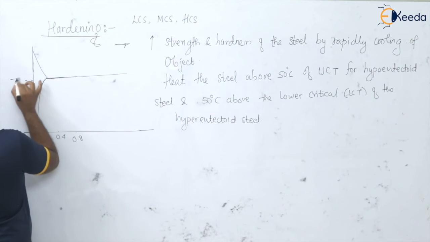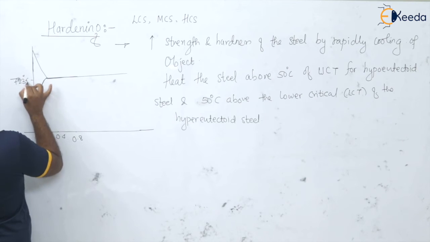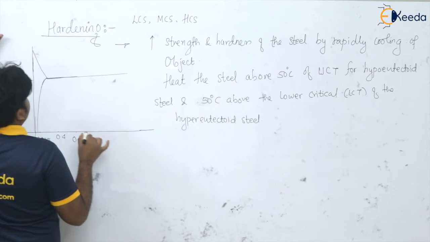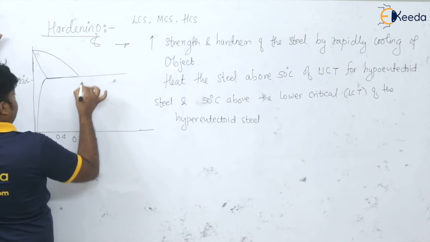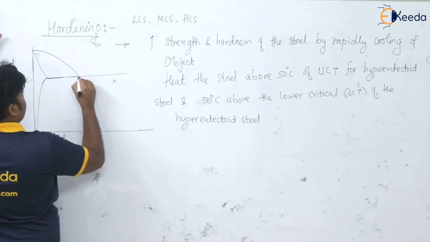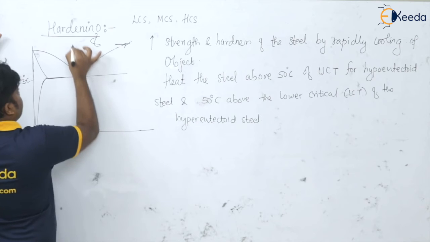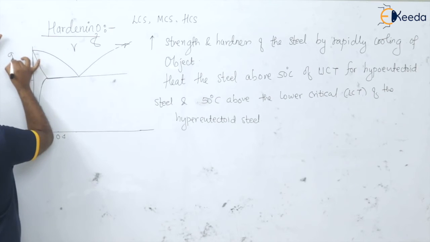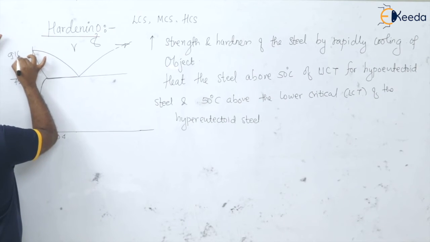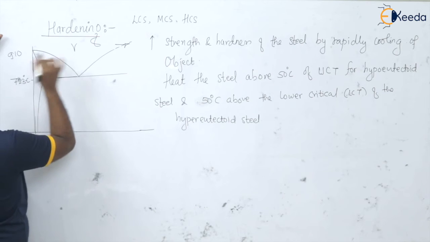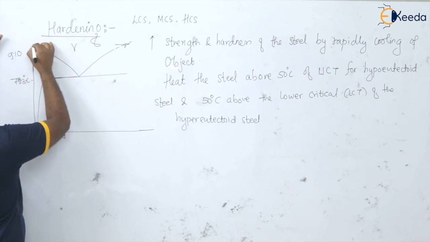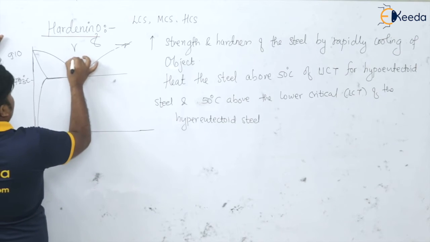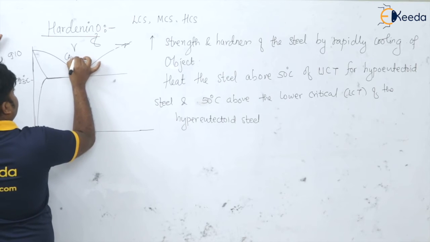And this is 723 degrees centigrade, that is the A2 line, this is the A3 line, and here is gamma austenite, above 723 up to 910. Above this 910 it is gamma, which is austenite.